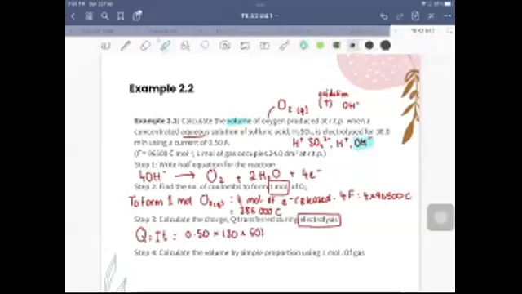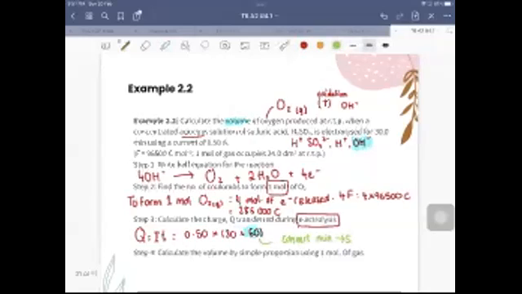That is a crucial step that you must always remember: convert minutes to seconds. You should get 900 coulombs.